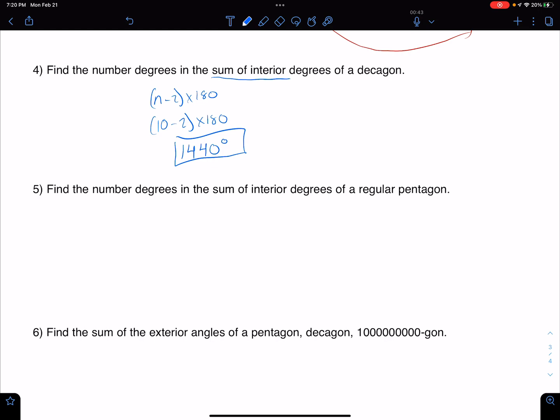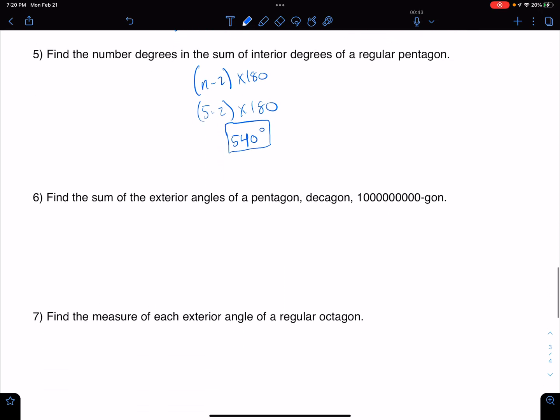Okay, number 5 says find the sum of interior angles of a regular pentagon. Here's my formula, n minus 2 times 180. So 5 minus 2 times 180 is just equal to 540 degrees.